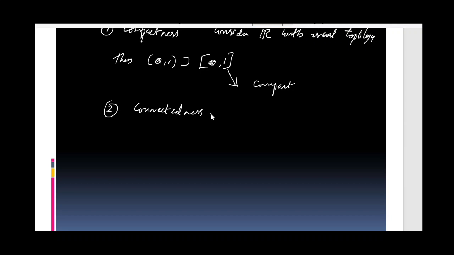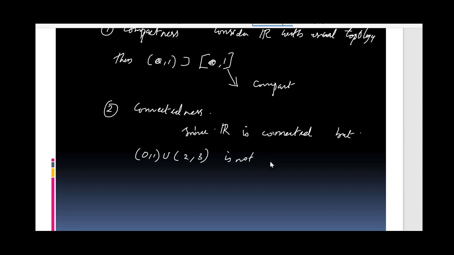Now, connectedness is not a hereditary property. We can list many examples; I am listing one in R. Since R is connected. But you can take [0,1] union [2,3]. Will it be connected? It is not connected.